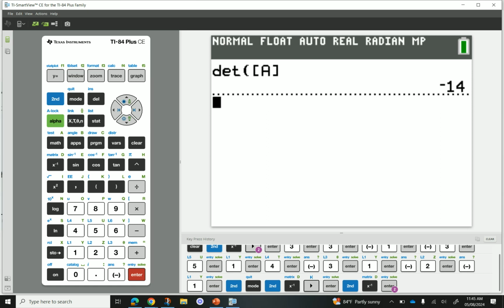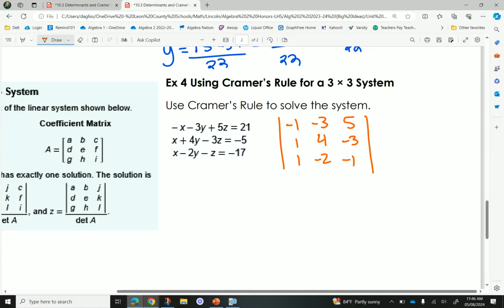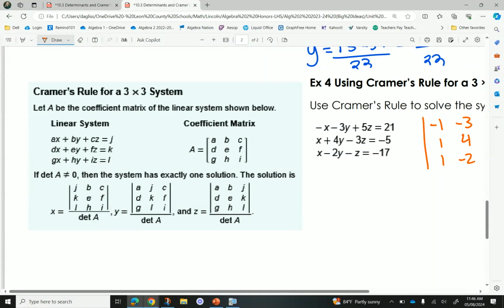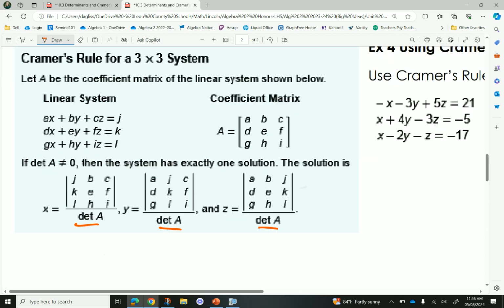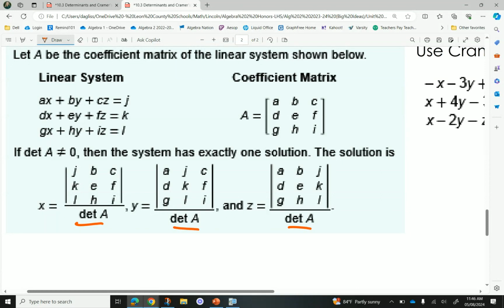Okay, so can I do this problem? Yes, we can. So each time, this whole determinant A, that's what we just found. That's the -14. All right. So again, each time I'm looking for a new variable, the constants are put into their spots.